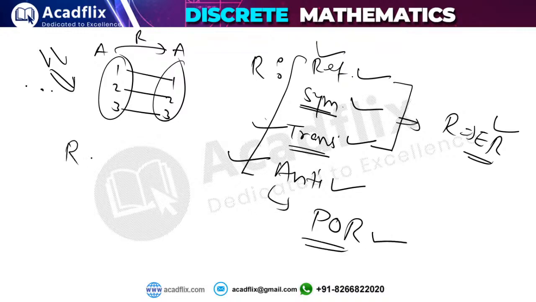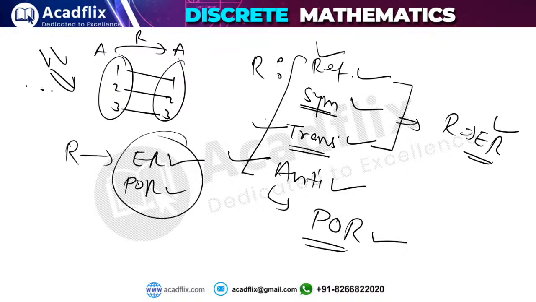So this relation R is both. Pratibha, is your doubt clear now? A relation can be both an equivalence relation and a partial order relation. If a relation is an equivalence relation, that does not mean it is not a partial order relation. Is this doubt clear?